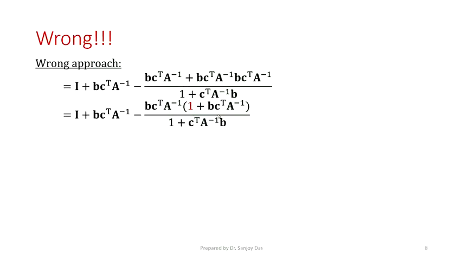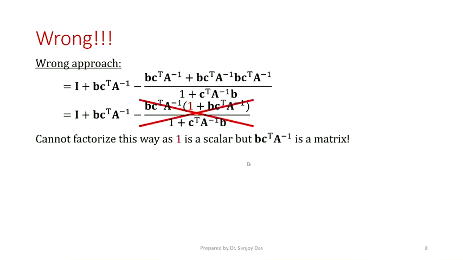Again, the purpose is somehow to match the numerator and denominator or whatever, but 1 is a scalar, while BC transpose A inverse is a matrix. So you cannot add 1 to a matrix. There's a size mismatch. So this is wrong.